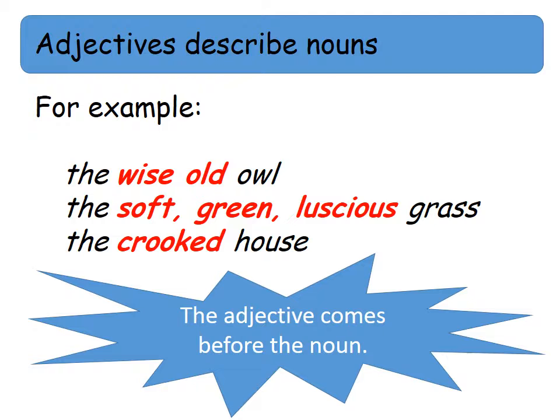Grass is the noun, it's the thing, and soft, green and luscious are describing it, so they're the adjectives. The crooked house. House is a thing, so that's our noun, and crooked is describing what the house is like, so crooked is an adjective. And we notice that the adjective comes before the noun.